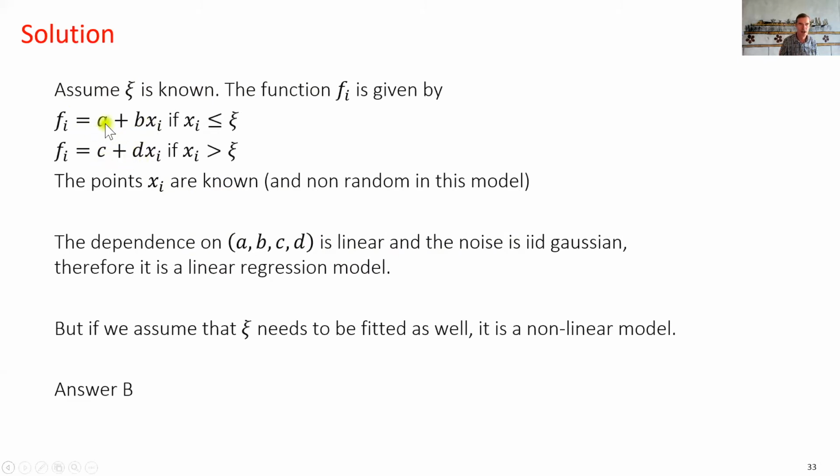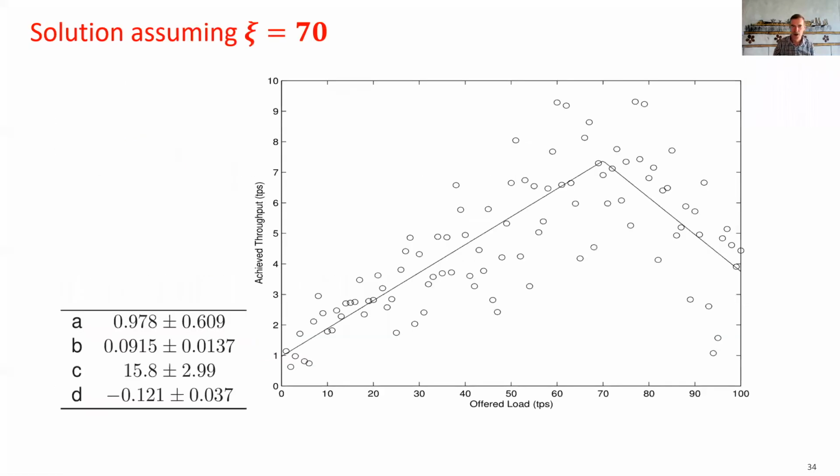So obviously the dependency on a, b, c, d is linear. It's given by a linear formula with 0 coefficients for c and d when xi is below psi, and with 0 coefficients for a and b otherwise. So it is linear, it's a linear regression model. But if we assume that psi needs to be fitted as well, then it is a nonlinear model.